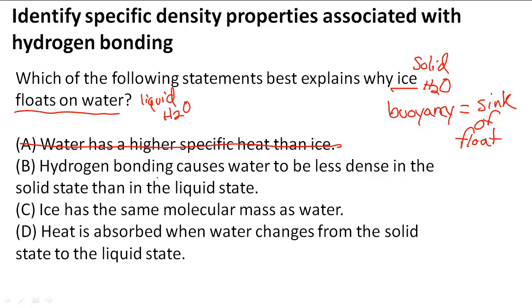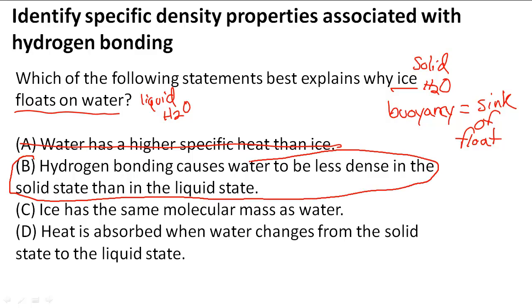B says that hydrogen bonding causes water to be less dense in a solid state than in a liquid state. And that is true. So what happens is that the tendency for hydrogen bonds to form in a row and between each other increases when you become a solid.